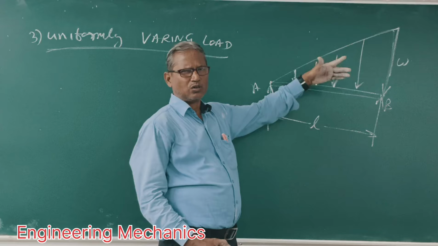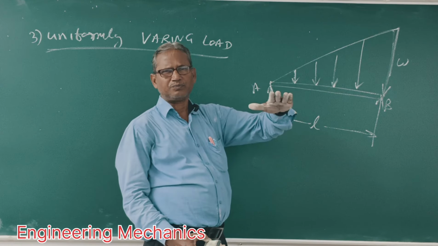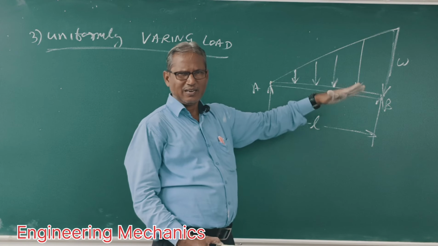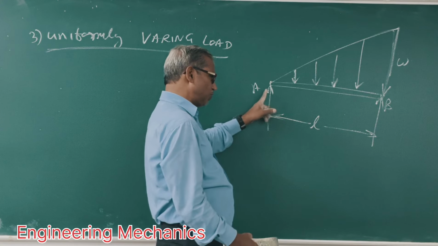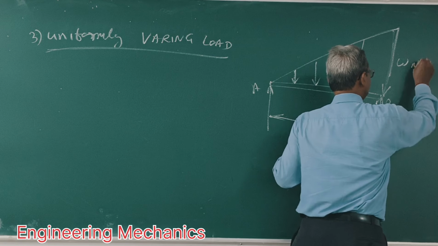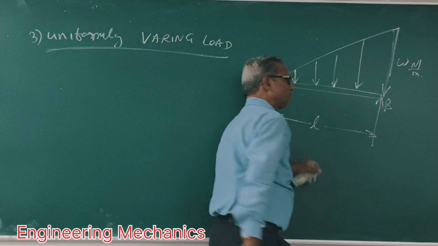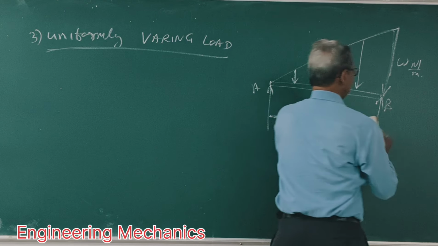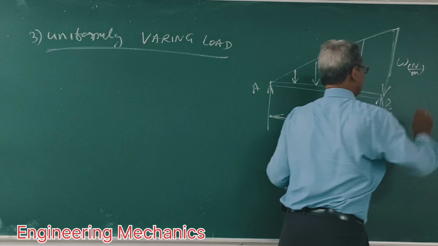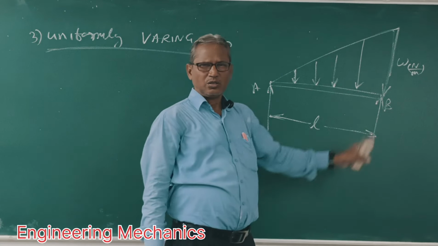Load changes uniformly. Finally, it makes a triangle. Load starts from 0, ends at w Newton per meter. Clear? So this forms a triangle.